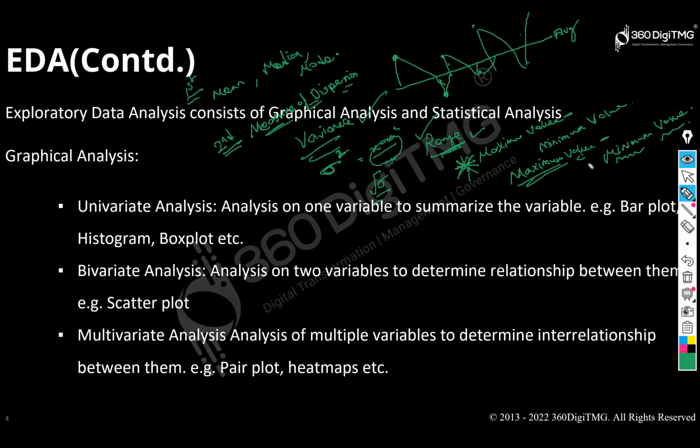That is range. So I hope it is clear now. Variance, standard deviation, and range come under the measure of dispersion, that is the second moment of business decision.